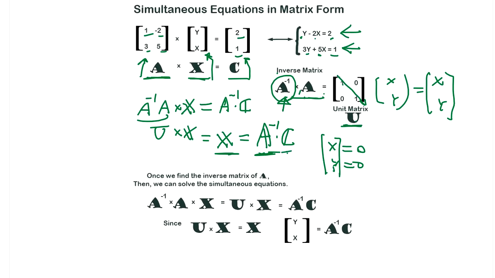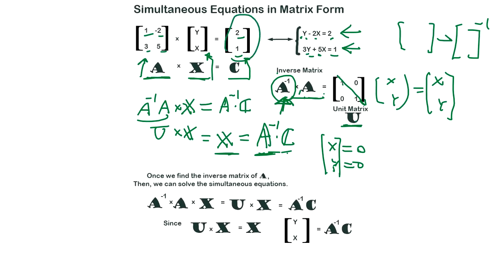So solving simultaneous linear equations, the problem is changed into finding the inverse matrix. When the matrix is given, you collect the coefficients, make a matrix, and you find the inverse matrix. Then multiply this guy to it.